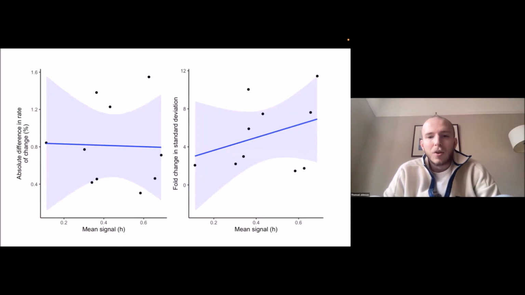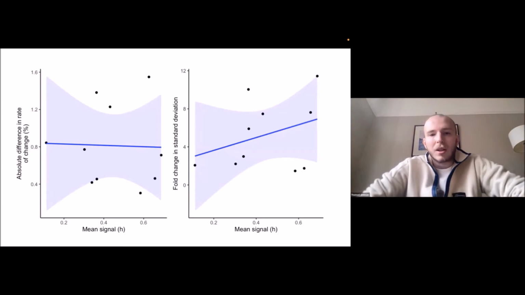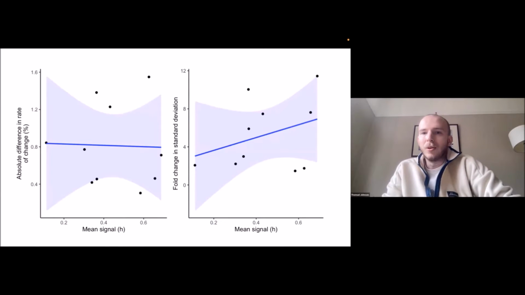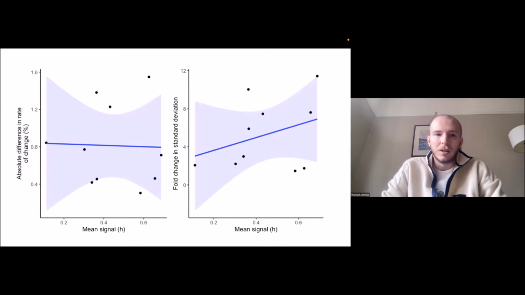And then on the x, we've got the mean signal. This mean signal describes the amount of variance captured by the spatial and phylogenetic terms, so how much spatial and phylogenetic non-independence exists within the dataset. And from this, if we just focus on the right-hand side, it's clear that when there is a spatial and phylogenetic structure within the dataset, the random slope model tends to underestimate uncertainty.